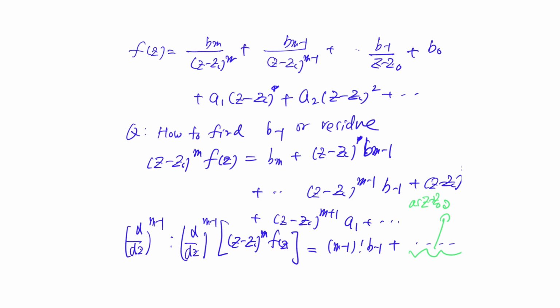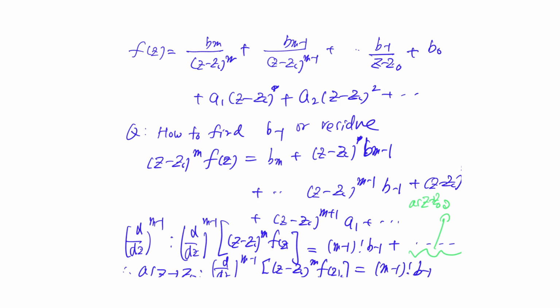So therefore, the limit as z goes to z naught of d^(m-1)/dz^(m-1) of (z minus z naught) to the m times f(z) is m minus 1 factorial times b minus 1. So that's the formula for how to calculate this residue.